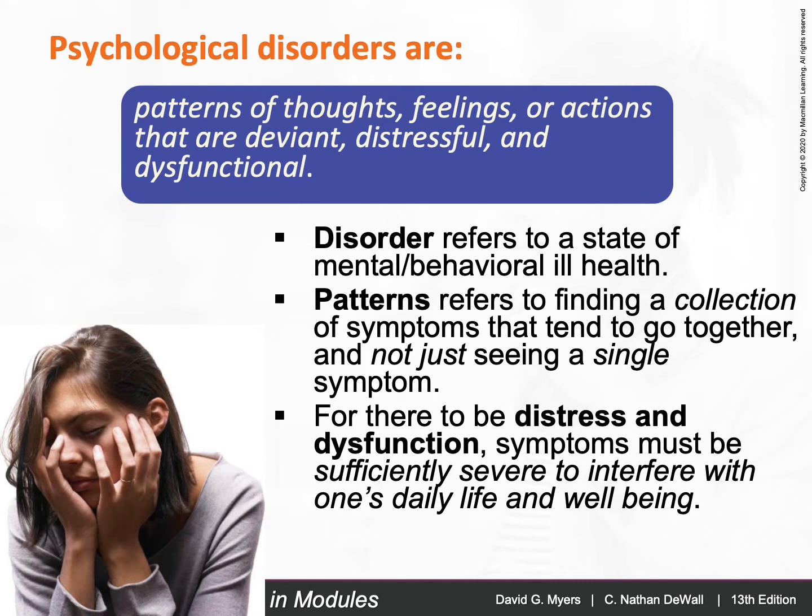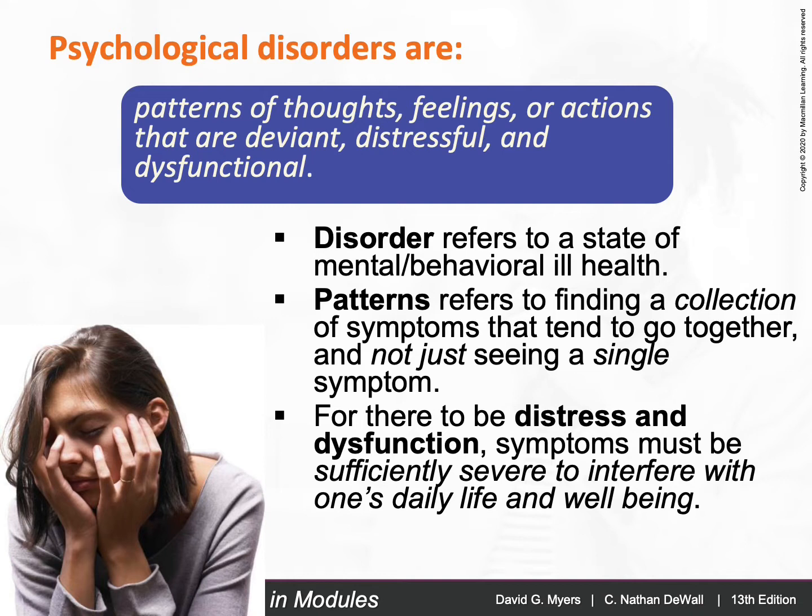Right? So let's talk about distress and dysfunction, right? So generally when we talk about distress and dysfunction, we're referring to symptoms that must be sufficiently severe that they interfere with daily life and well-being, right?